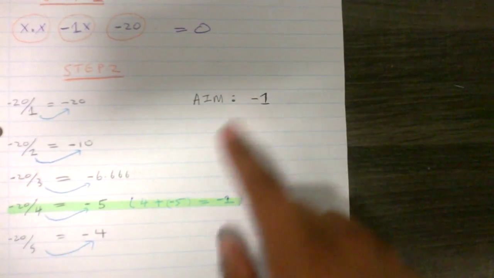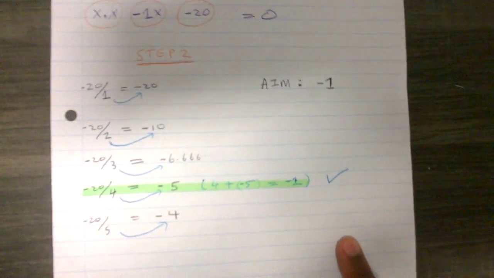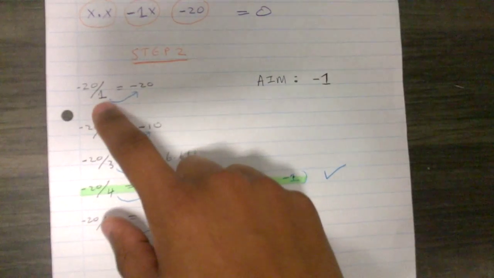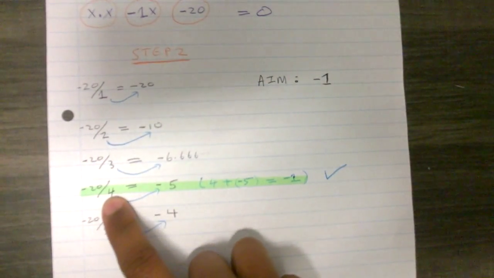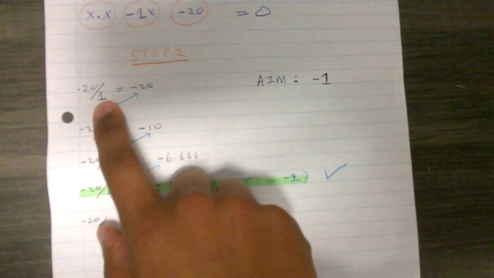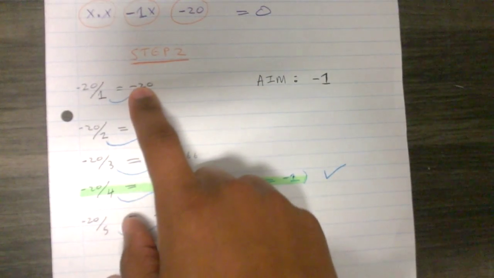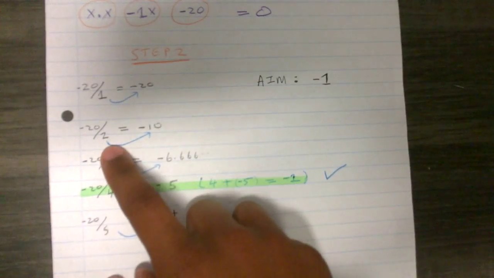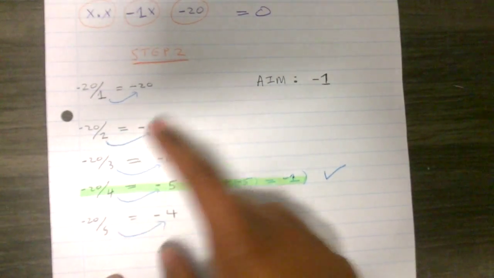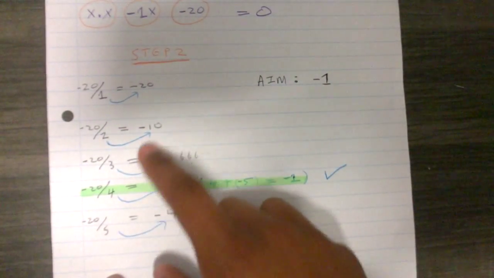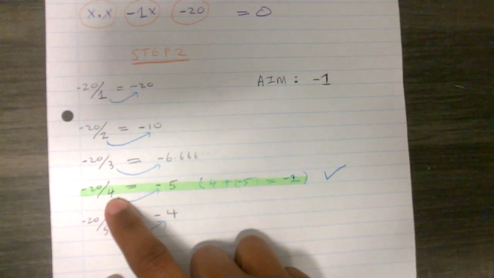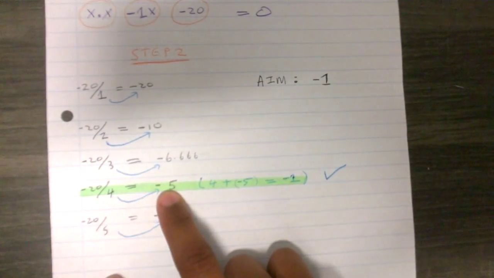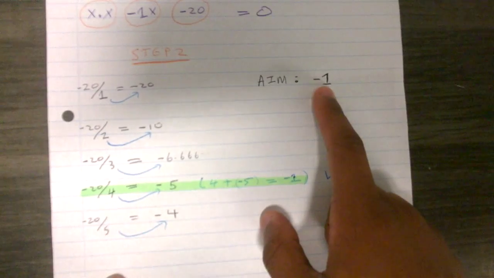That is your aim, so you're going to sum up the numbers that you divided by and the outputs. You say, look, 1 plus -20 will not give you the aim. 2 plus -10 will not give you this. But you note that 4 plus -5 does give you -1.